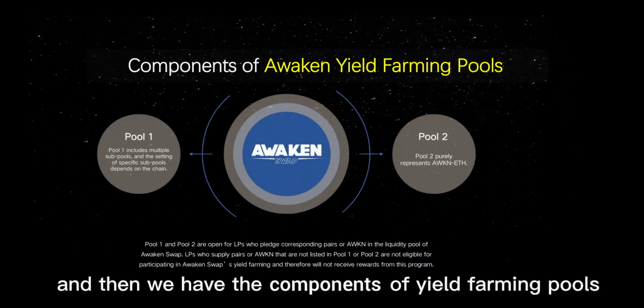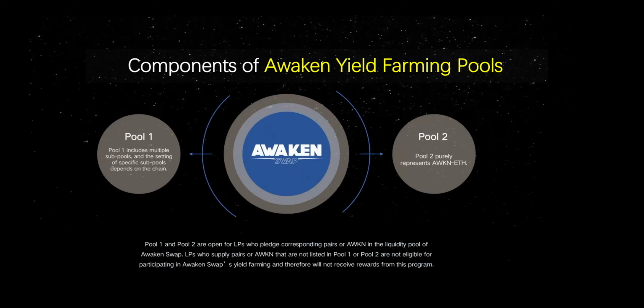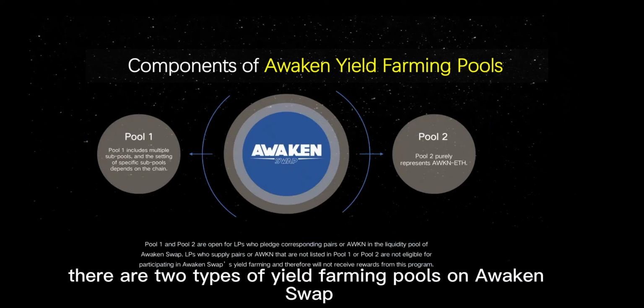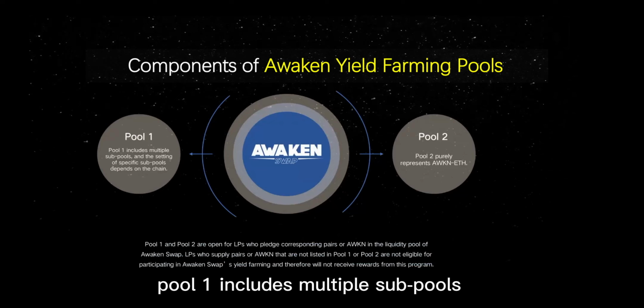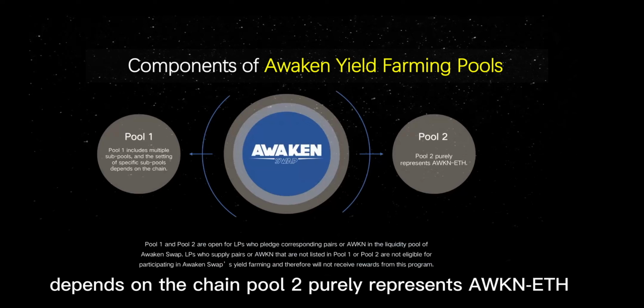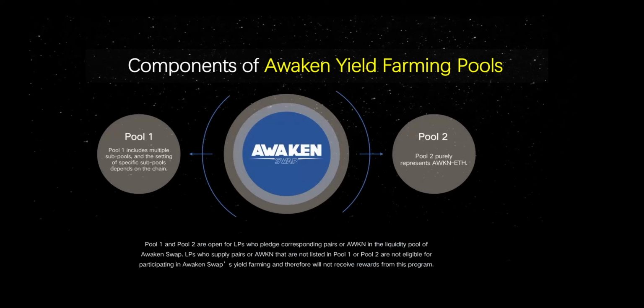And then we have the components of yield farming pools. There are two types of yield farming pools on AwakenSwap, Pool 1 and Pool 2. Pool 1 includes multiple subpools, and the setting of specific subpools depends on the chain. Pool 2 purely represents Awaken to ETH.